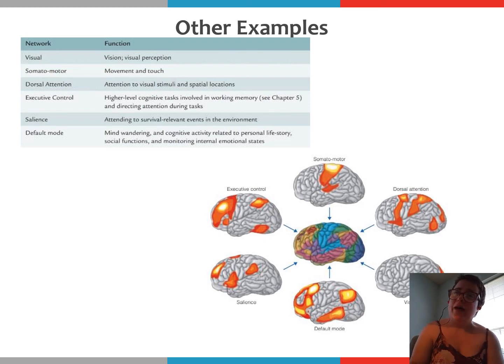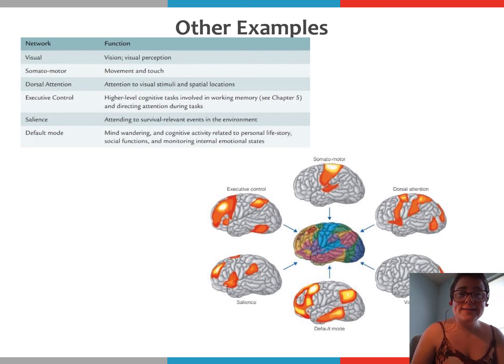And it also helps you select one response while suppressing or inhibiting another response. And it's going to be very, very important for complex cognition, right? So you see executive control, again, is going to activate numerous regions of the brain, including the frontal lobe and the temporal lobe and parts of the parietal lobe.